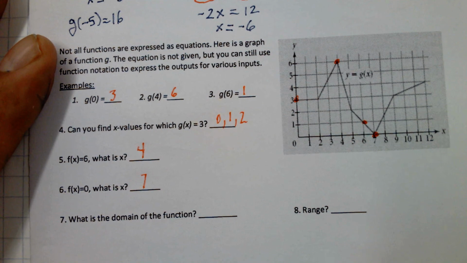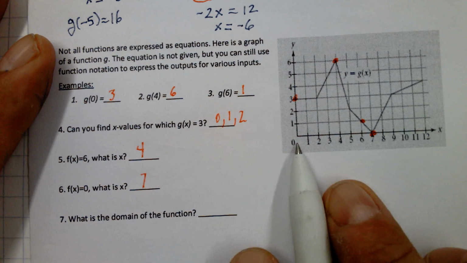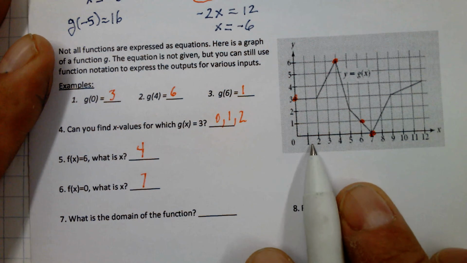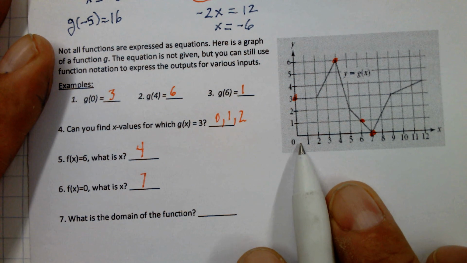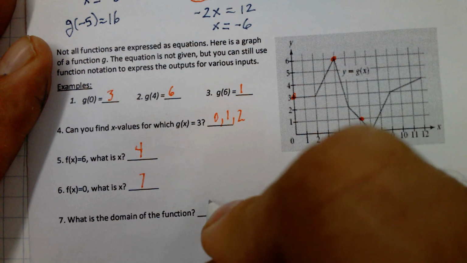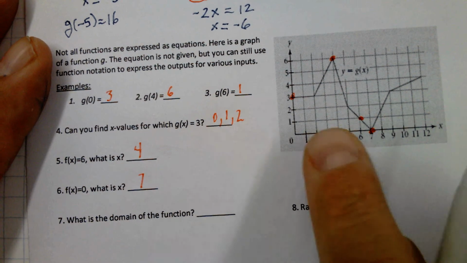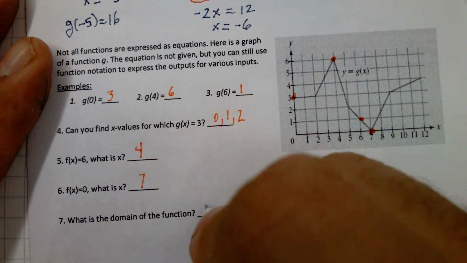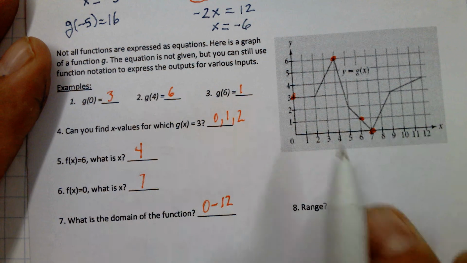Okay. What is the domain of the function? Remember, domain is all the possible inputs. How many possible numbers do we have as inputs? Let's just write it that way. We'll have a better way of writing it next year, but let's just say 0 through 12. 0 through 12 are all our possible inputs, right?